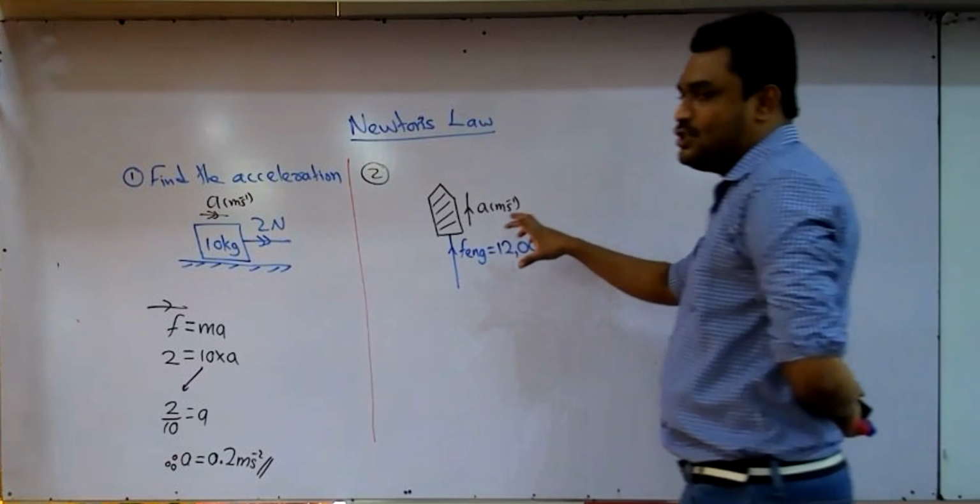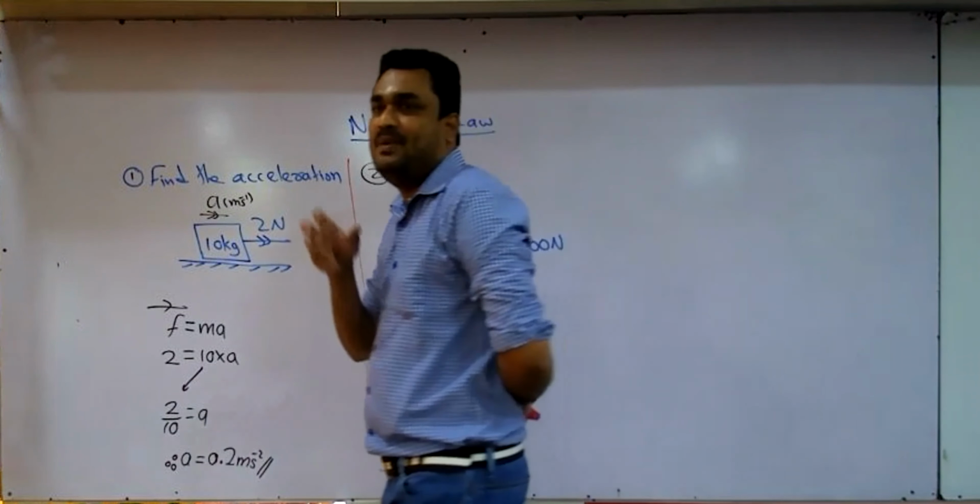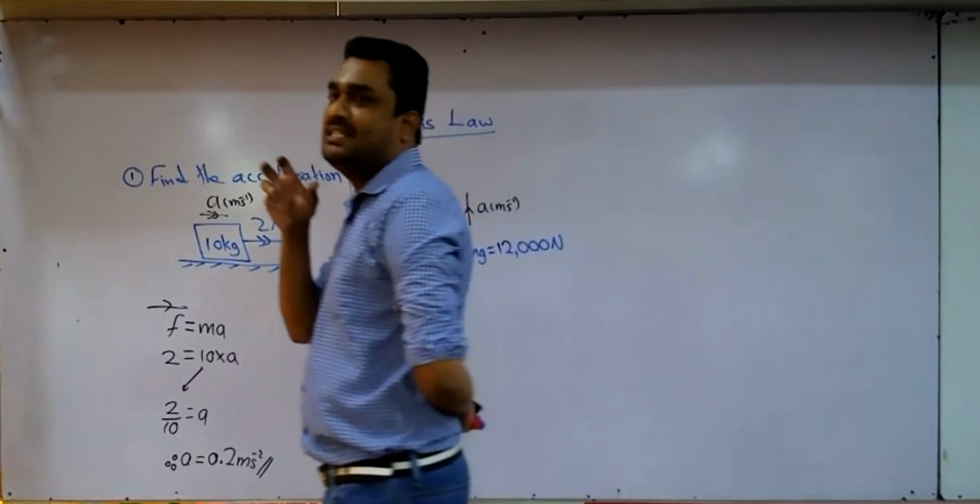So this is the figure that you want to draw. But please remember that the rocket is moving up from the earth. So in addition to the force given by the engine, the earth gives a vertically downward force of mg Newton. Most of the students forget this mg. And now try to find the acceleration here.